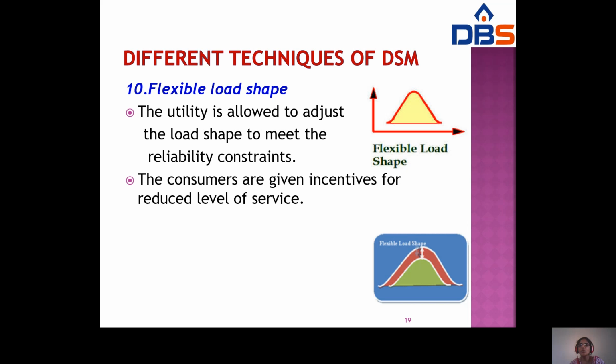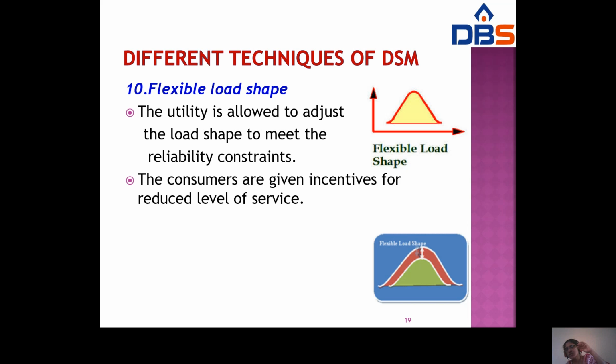And then flexible load shape. This means the utility is allowed to adjust the load shape to meet the reliability constraints, and consumers are given incentives for reducing the level of service.